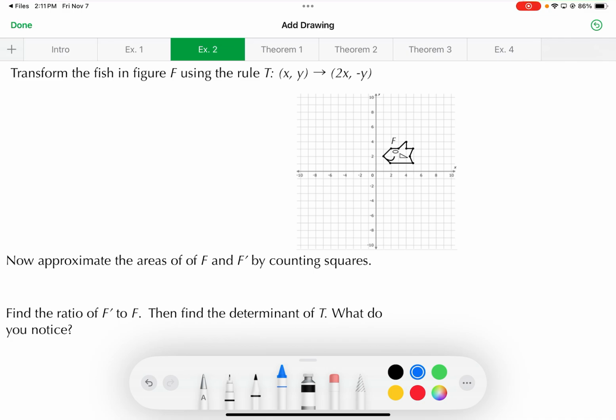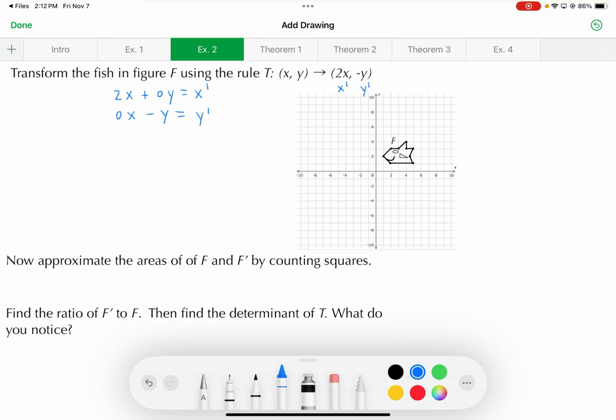So I'm going to create a system out of this. I'll say the first equation would be 2x plus 0y would equal x prime. The second equation would have to be 0x minus y would equal y prime, right? This is supposed to represent x prime. This is supposed to represent y prime.